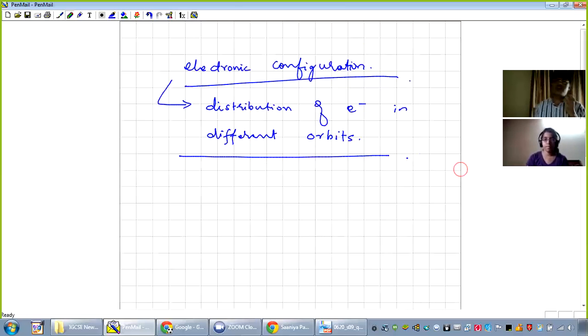Now, can you place any number of electrons in any of the orbits? No. There are certain rules or principles that are supposed to be followed in order to place electrons in different orbits.